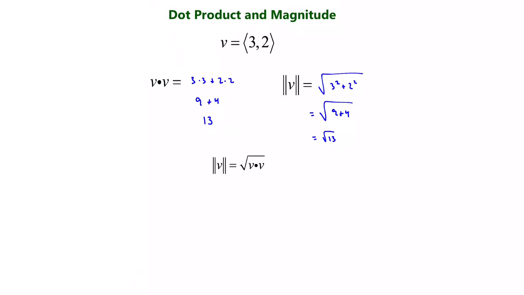So the magnitude of a vector is equal to the square root of its dot product. Or, from earlier, we said that the dot product of the same vector is equal to the magnitude of that vector squared, which once again is the same thing. This would be 13, and then if you square the square root of 13, you get 13. So kind of the same idea that we had done before with the other properties from the beginning of the lesson.